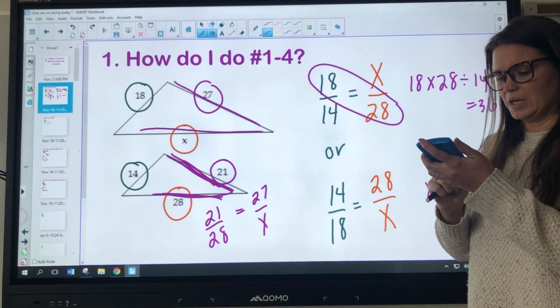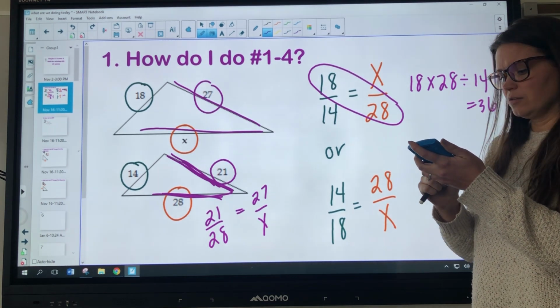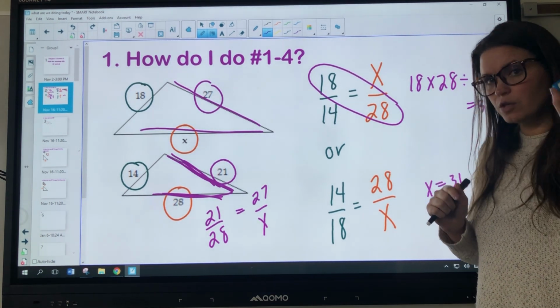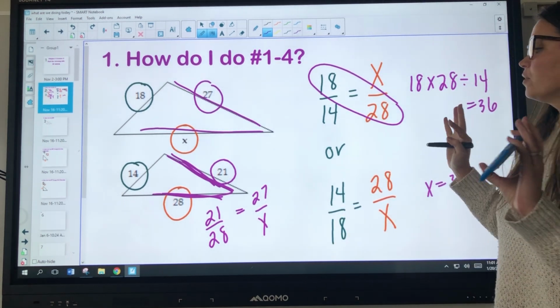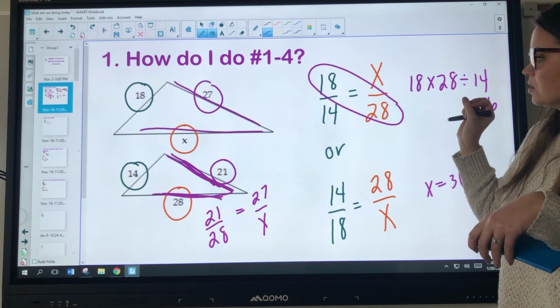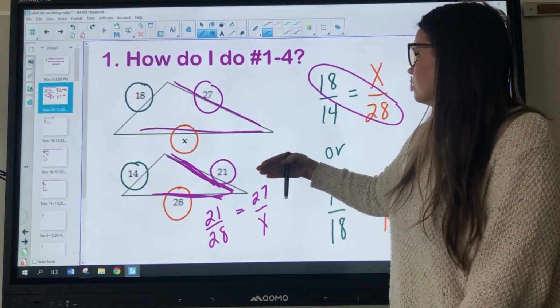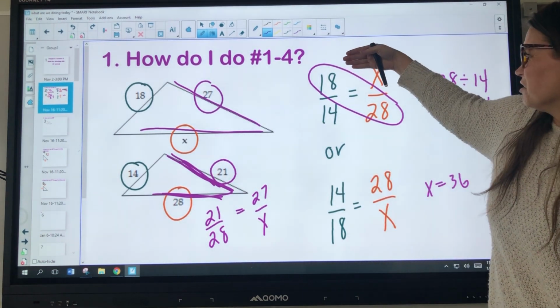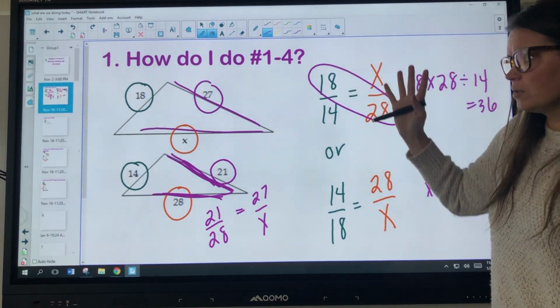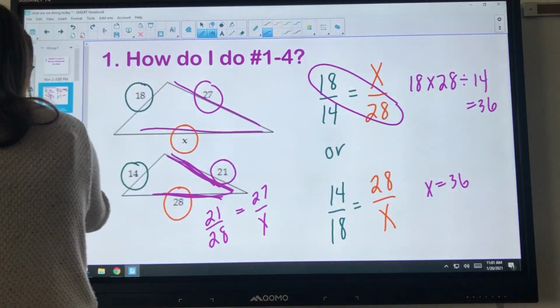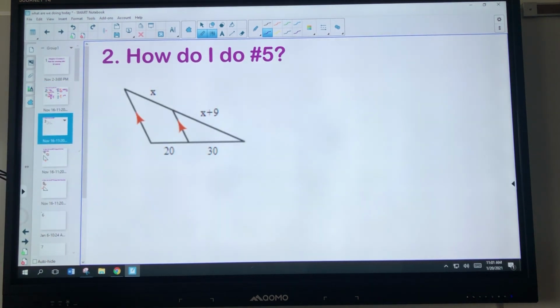If you don't believe me, 28 times 27 divided by 21. You get 36, okay? So you can set them up however you want, as long as you keep them consistent. Right over bottom, left over left, bottom over bottom. Hope that makes sense.